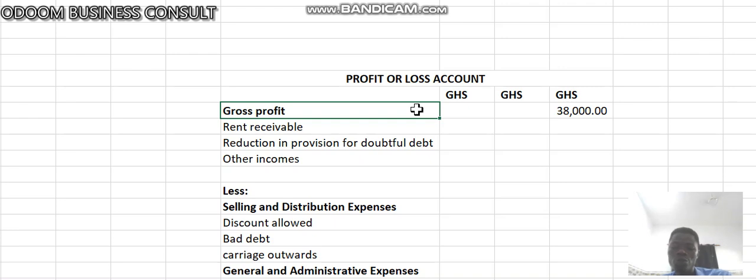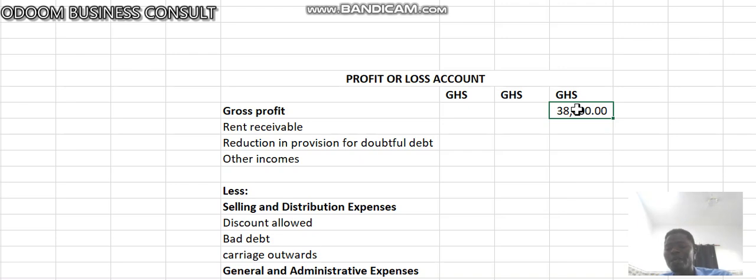Now we want to continue with you understanding the profit or loss account, which is part of the complete accounts called the trading profit or loss accounts. When you get your gross profit, you can see that the gross profit is basically determined by using the sales revenue, right?